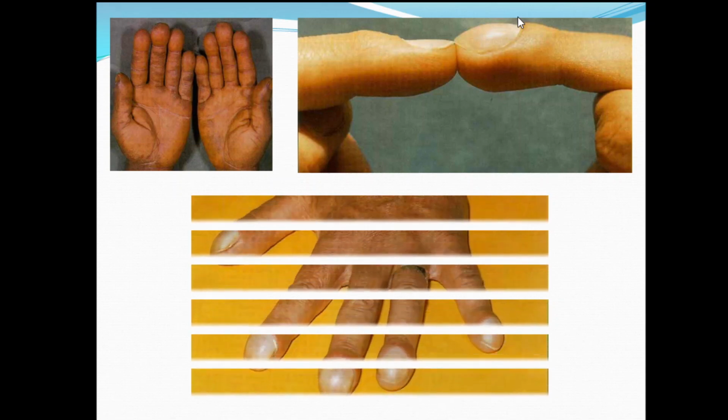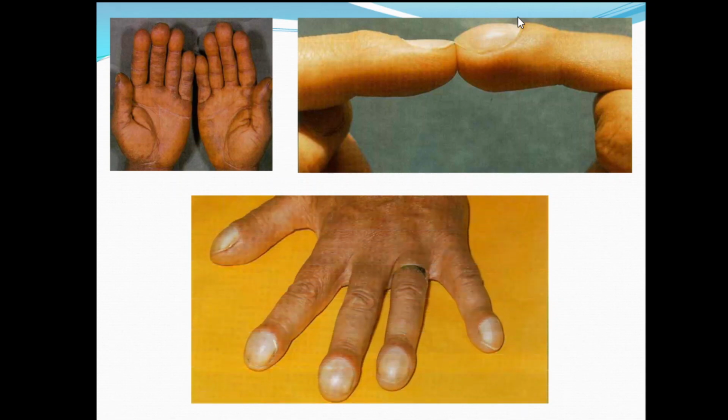In other words, I'll show you the Hippocratic finger, drumstick finger, which has specific thickness of the peripheral part of the finger, and the nail also has a specific clock or glass-like shape. And again, I repeat that the Hippocratic finger indicates a long-standing, chronic, maybe purulent course of disease.